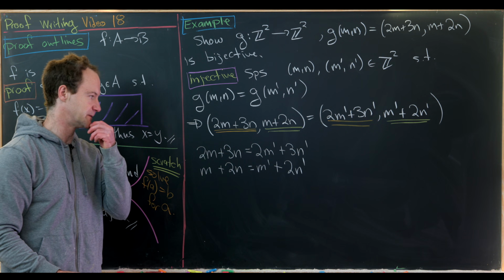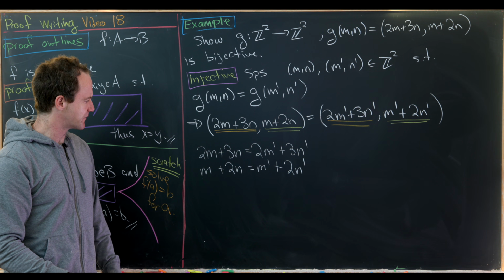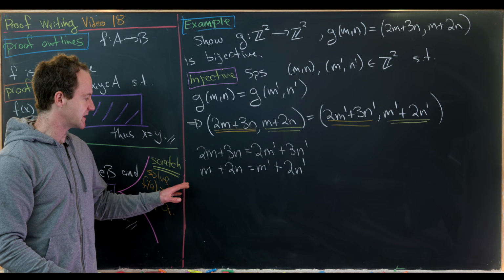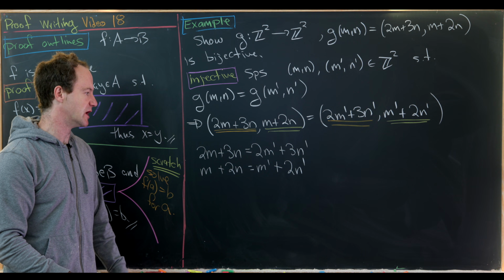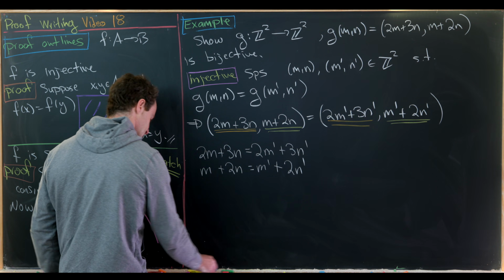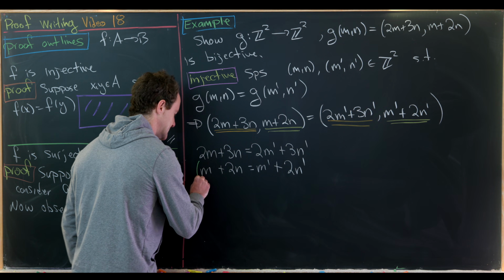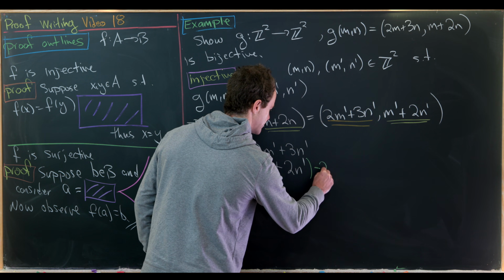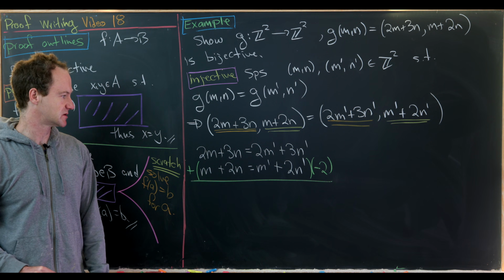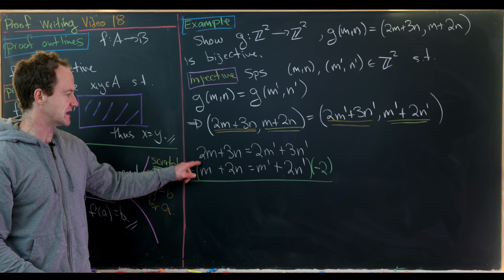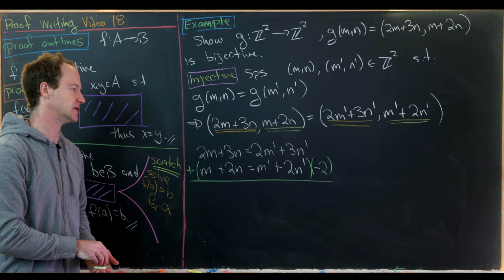Okay, great. But now, where would we like to go from here? Well, something that I would like to do is perhaps add these two equations with some scaling. So I think maybe our best bet is to take the second equation, multiply it by -2, and then add these two equations. Why? Because that'll cancel the m's here and the m primes here.